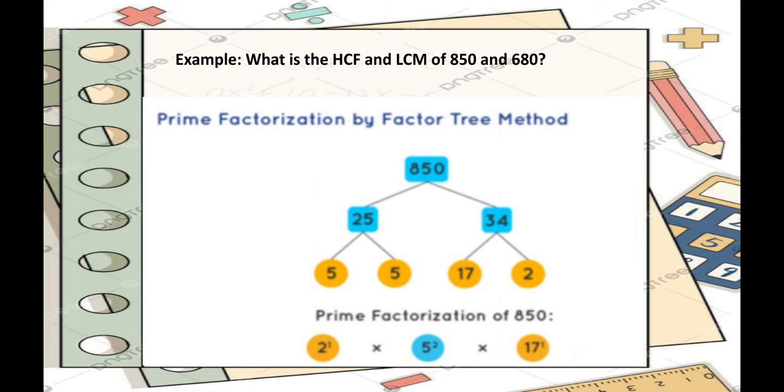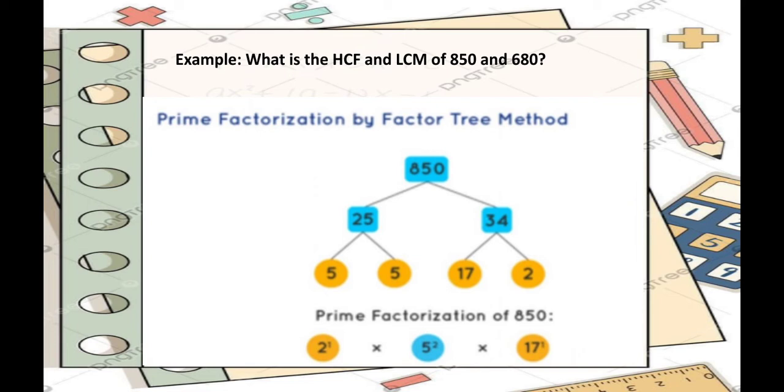We also find the factors of 25 and 34. The factors of 25 are 5 and 5, and 34 is 17 and 2. So the prime factorization of 850 is 2 times 5 to the power of 2, because we have two 5s, and 17 to the power of 1.